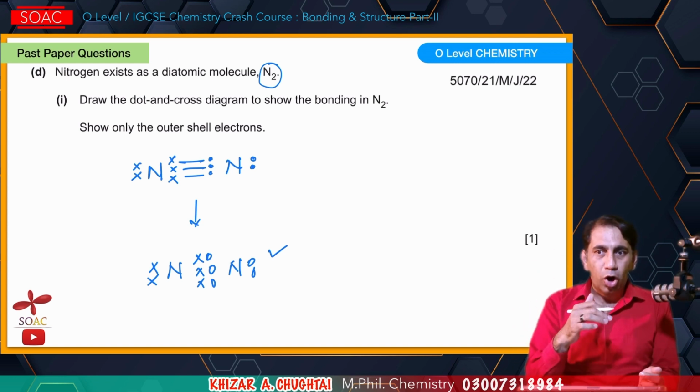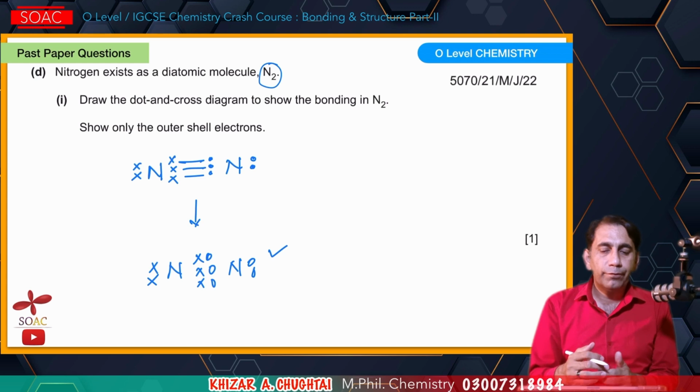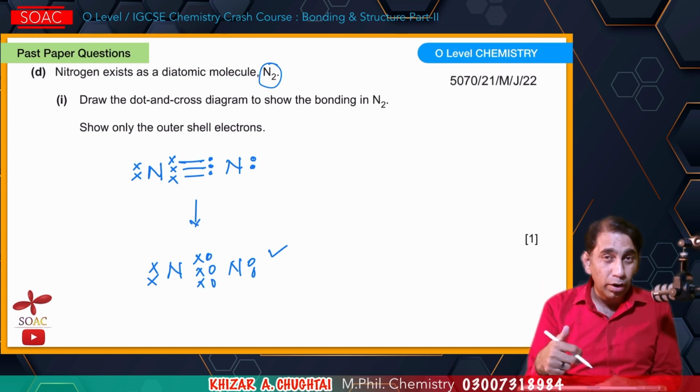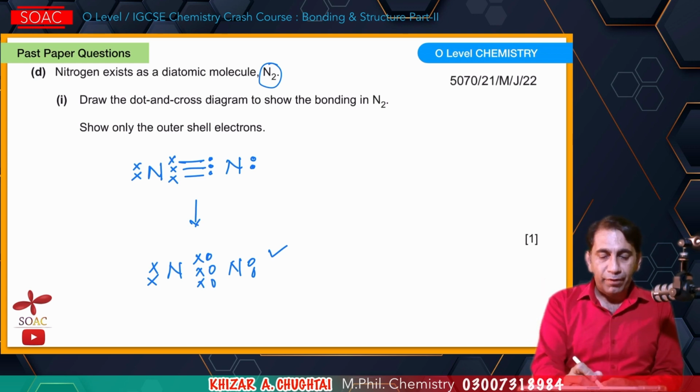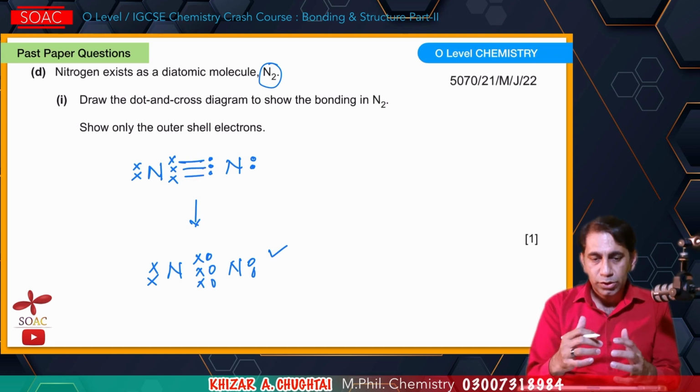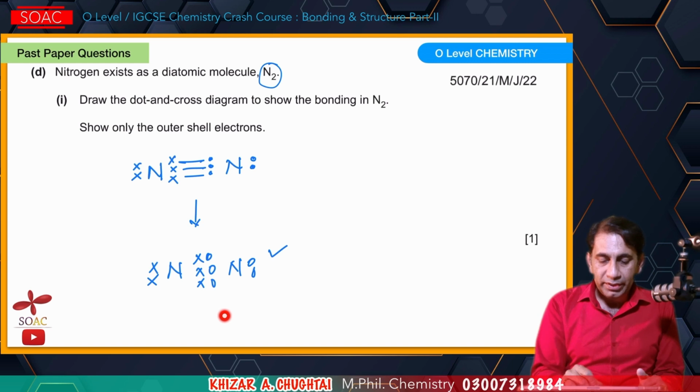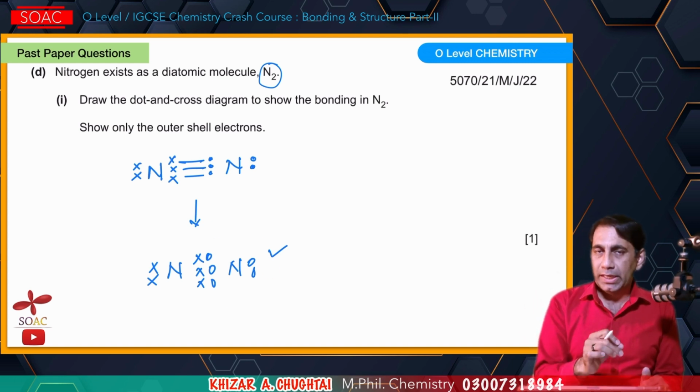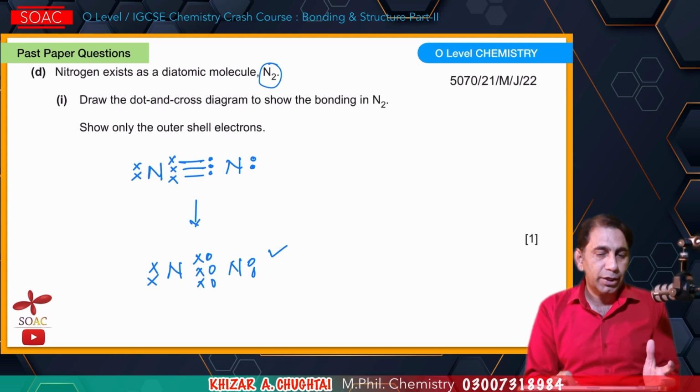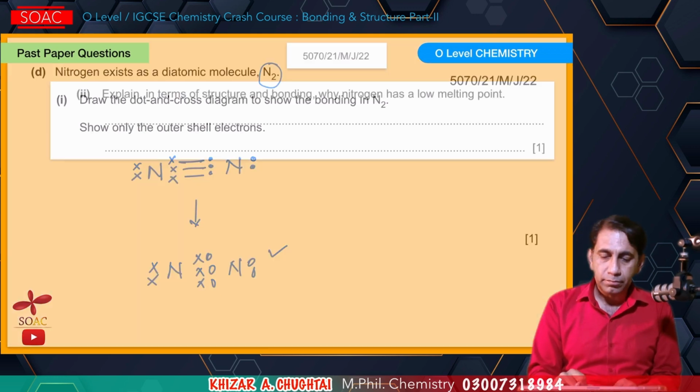Finally, if I remove these lines, the covalent bonds, I have this structure. This is the true dot and cross diagram of a covalent molecule like nitrogen.